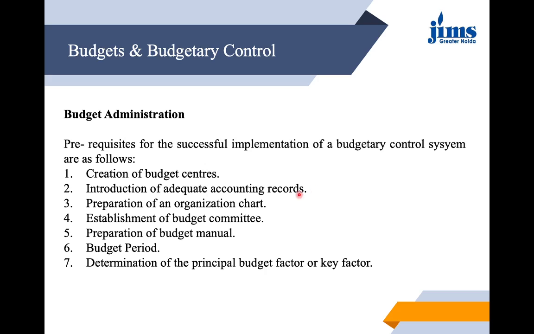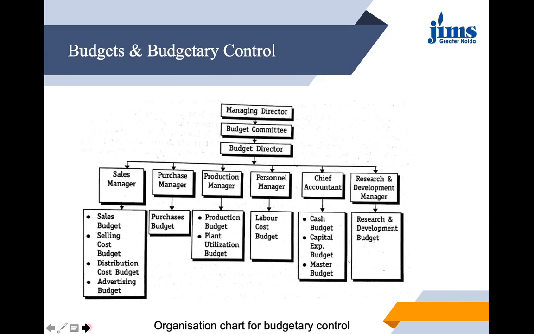Next we have preparation of organization chart. Proper organization is essential for a successful budget system, and I can show you an example on the next slide. Here you can see a sample of an organization chart, how it would appear from managing director to budget committee to budget director to all the departments, and then the further sections of each department can be considered under this budget chart.